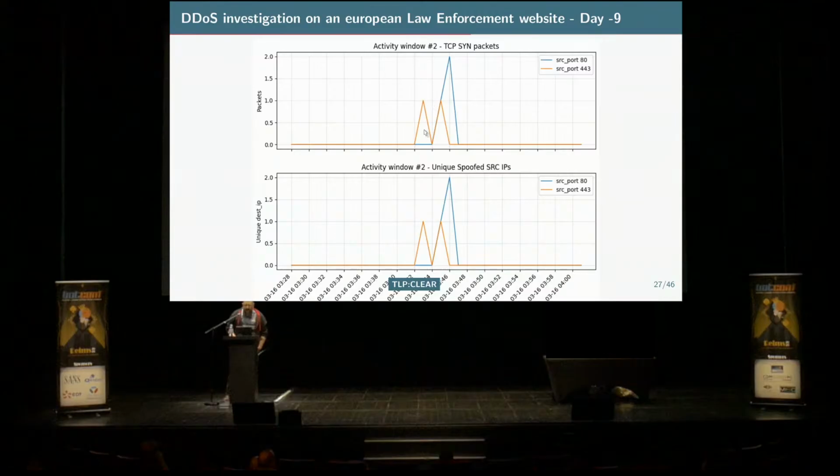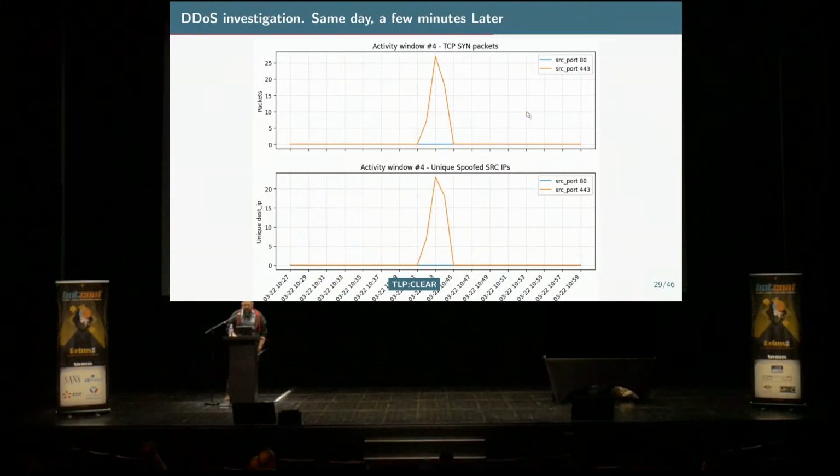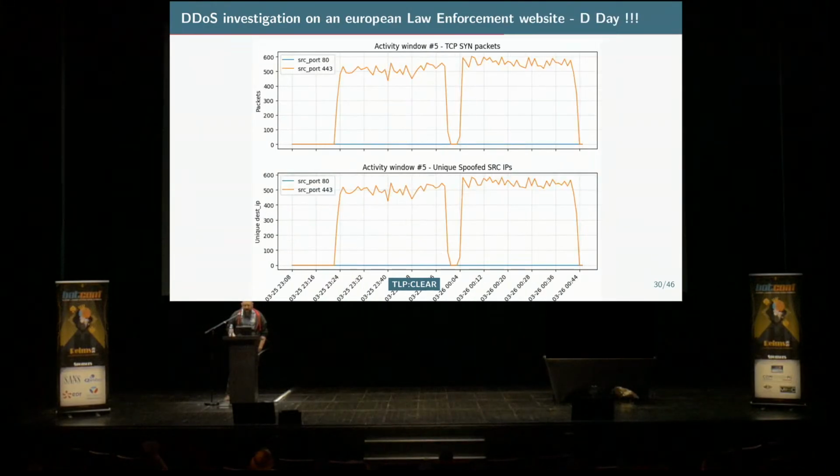And you see that the guy is switching, trying some packets, 1 packet in SSL, 1 packet in HTTP. And then he tries a little bit more, trying to figure out which kind of protocol is the most susceptible to be interesting. 3 days before, a little bit later, and then the final DDoS.